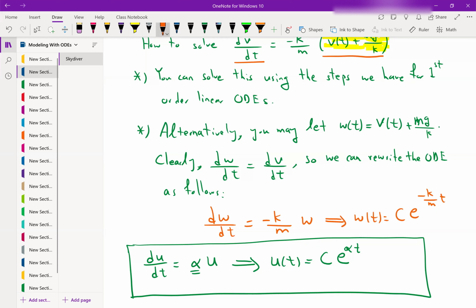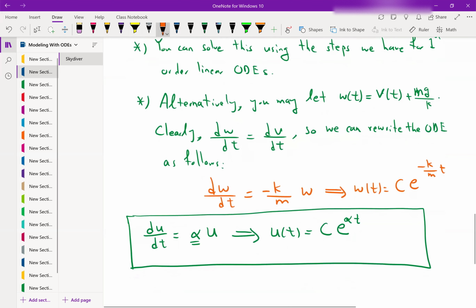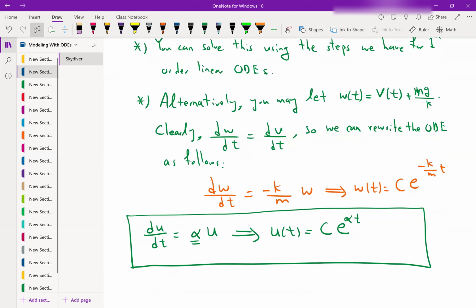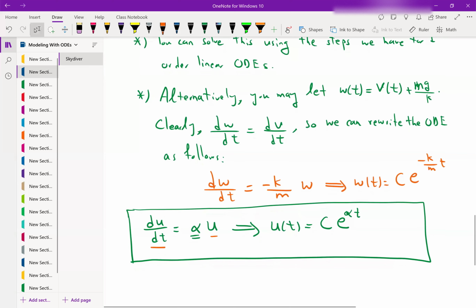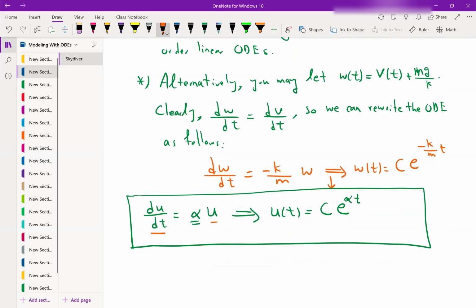Our shortcut was based on knowing a very fundamental fact about those equations where the rate of change is proportional to the current value. When that happens, you know exactly what the solution is. Now that I know W of t, remember, it's V of t plus mg over k.